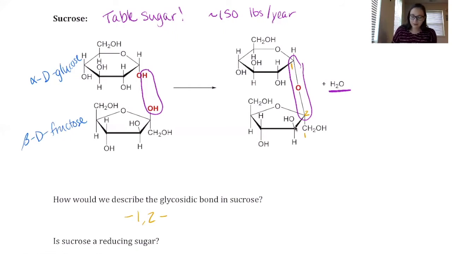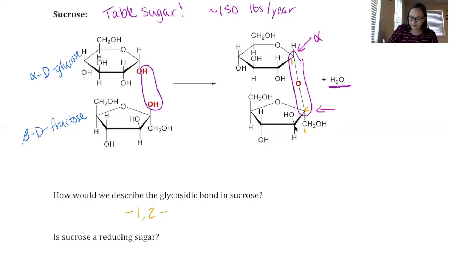So we need to describe both of them. Up on the top here in glucose, it is alpha because it's pointing down, but over here in fructose, it's going up, so it's beta. So it's going to be an alpha-beta 1-2 glycosidic bond.